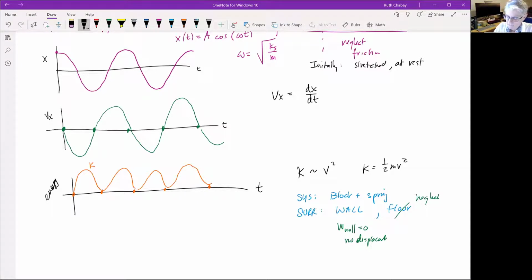And so we want the potential energy to be a minimum when kinetic energy is a maximum, and it should be a maximum when kinetic energy is a minimum.